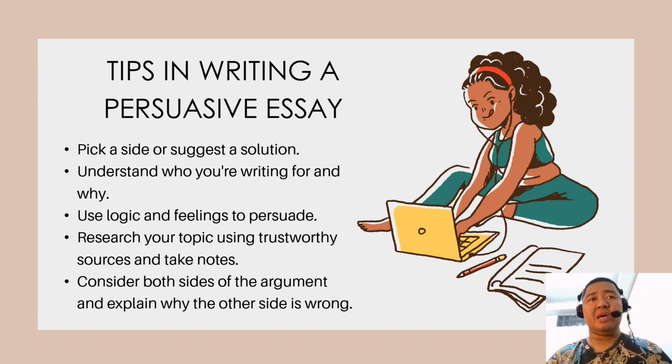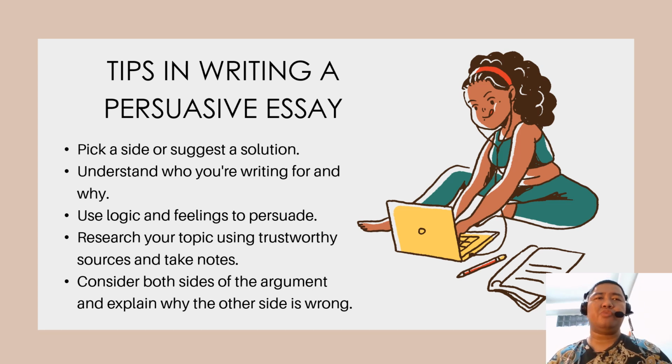Third, use logic and feelings to persuade. Here you use logos, and you also use pathos to persuade. You may use that in order to touch the people that you're trying to encourage or persuade.